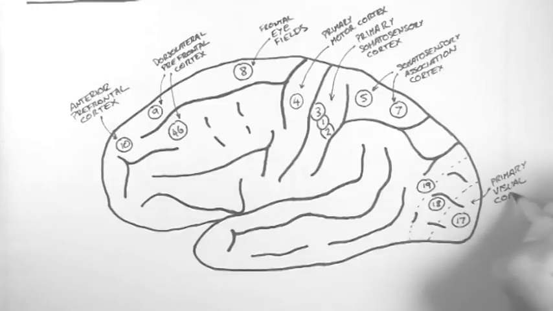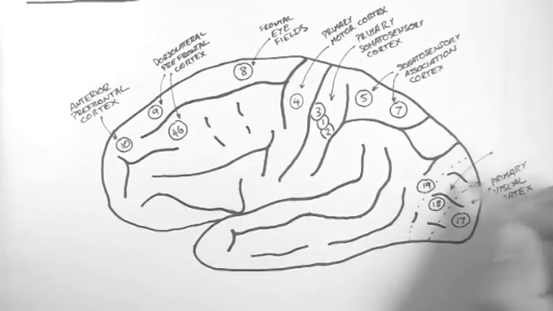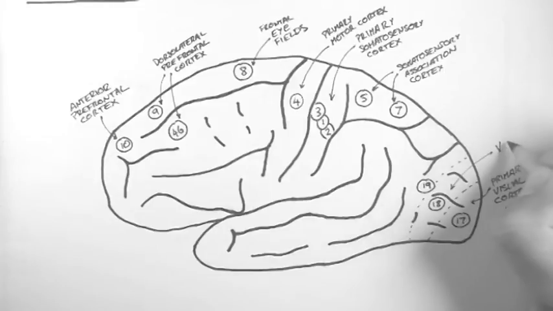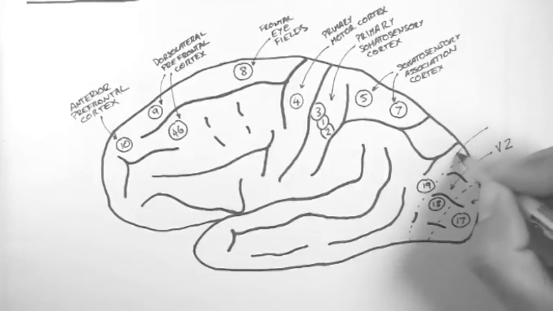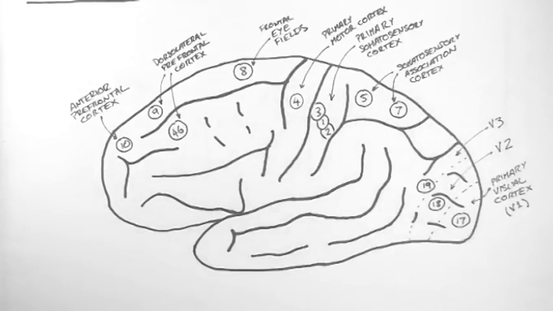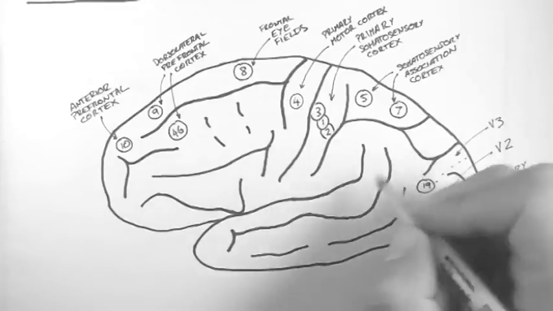So this is where we get input from the eyes. We often call this V1. Then 18 and 19 are V2 and V3 respectively. They're more association cortices for the visual system.